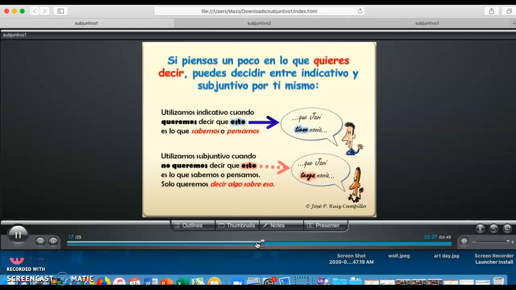Solo queremos decir algo sobre eso. We don't want to make a declaration. We don't know for a fact. We just want to say something about it. We want to express opinion, doubt, influence, emotion about it. I don't know if Javi has a girlfriend, but I'm going to express I doubt that she has it. I would like that she has it. I imagine that she has it. I don't know. Different things that we can say about it.